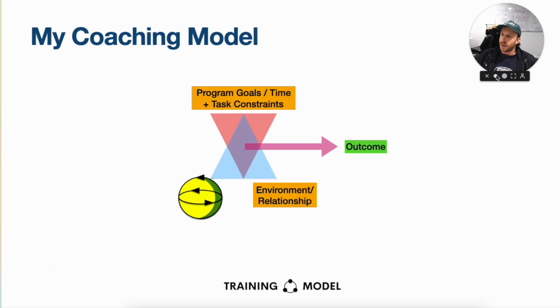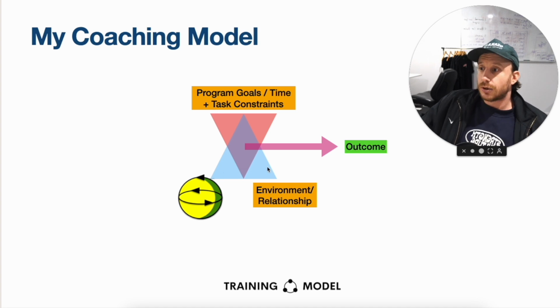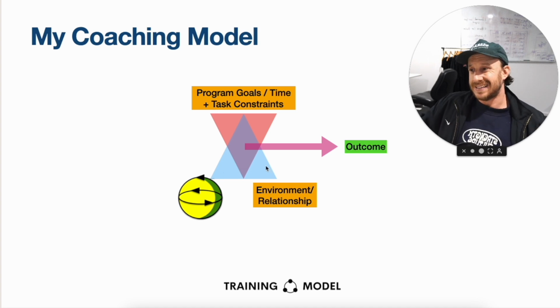So if you've gone through my Coaching Foundations course, this is actually my overall coaching model, and it's adapted from 3 key models that underpin my thinking and my decision making. Within the middle, we have top down and bottoms up, and that's represented by these 2 arrows and these 2 triangles.